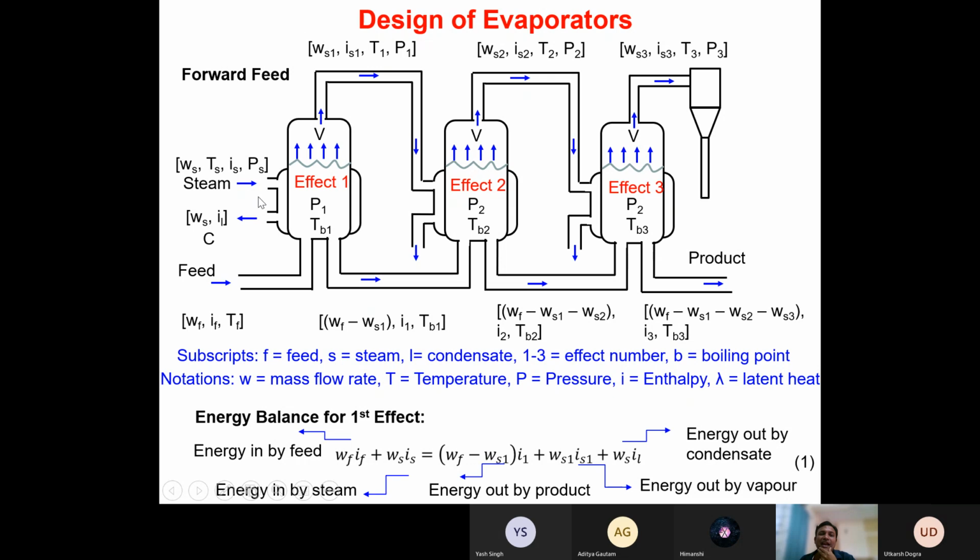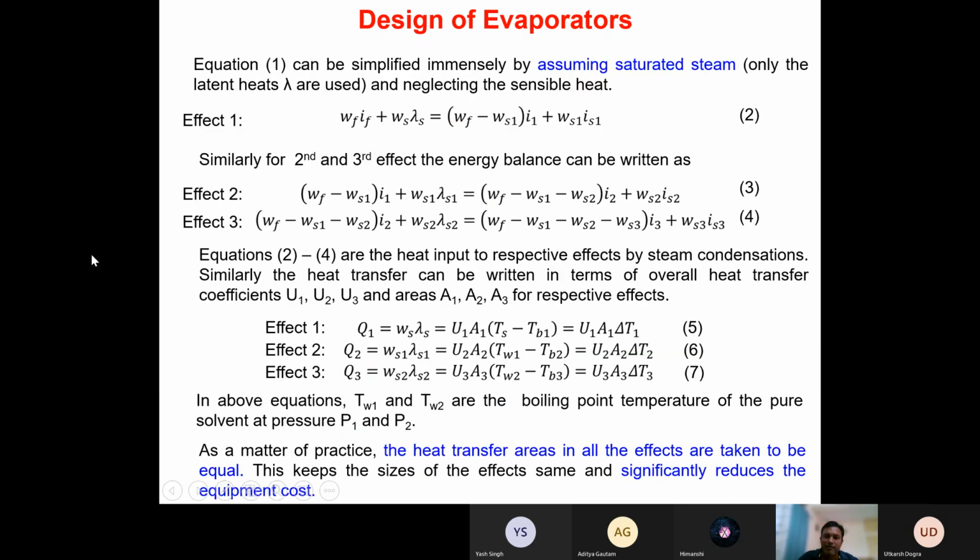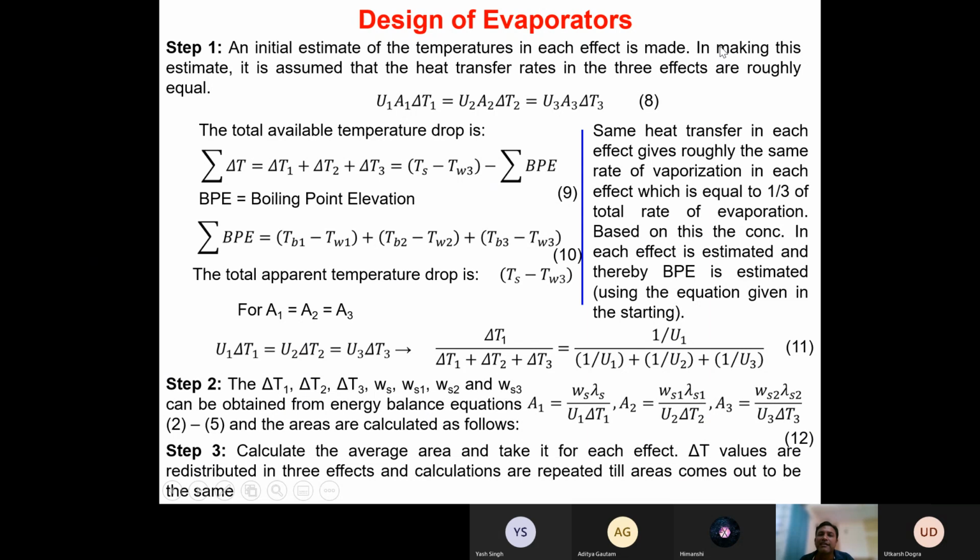So if we make that assumption, then we can equate this equation: U1 A1 delta T1 equals U2 A2 delta T2, and that equals U3 A3 delta T3, isn't it? Because this first term is the heat transfer in unit 1, second term is the heat transfer in unit 2, and third term is the heat transfer in unit 3, isn't it? This is the assumption. We will revisit this assumption again.